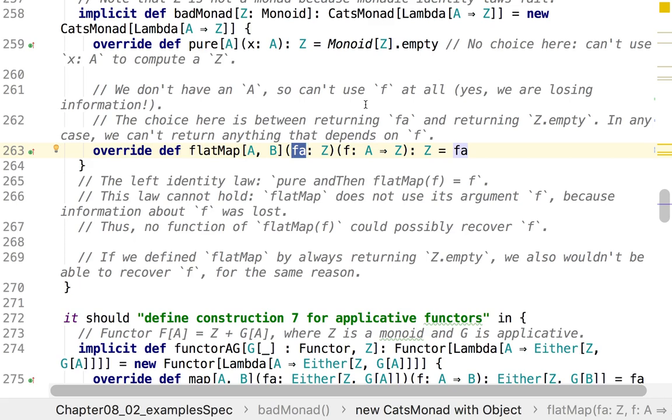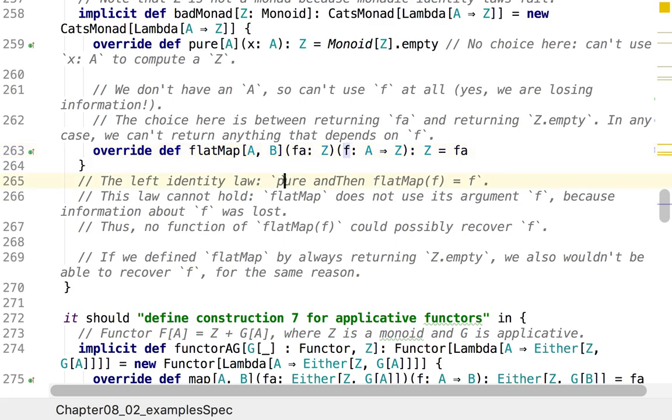Now we can't use F at all, just like we couldn't use it in the map. So we're losing information in this function. We could also return here an empty value of the monoid. Or we could return this value. But in any case, we would have to lose information about the function f.